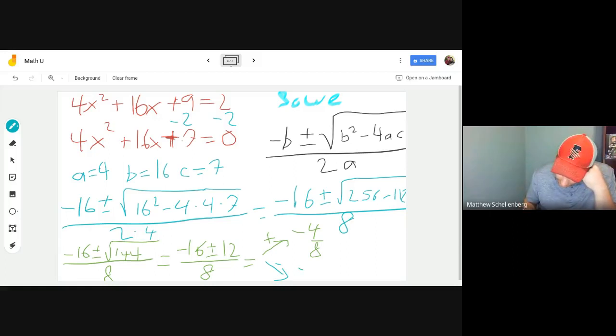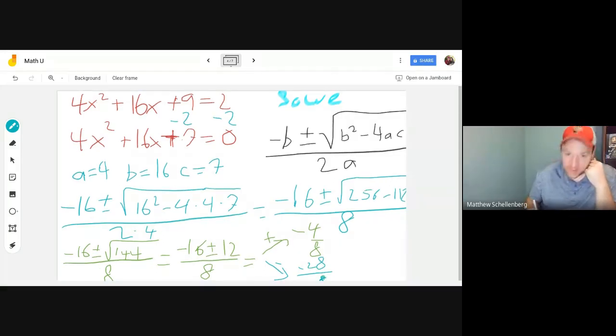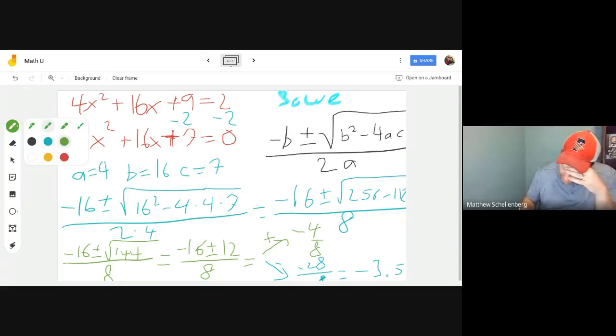So that'd be minus 28 over 8. I'll just make a note of that. And so this becomes, if you divide top and bottom by 4, negative 7 over 2. And so this is negative 3.5. And this top one here is negative a half.